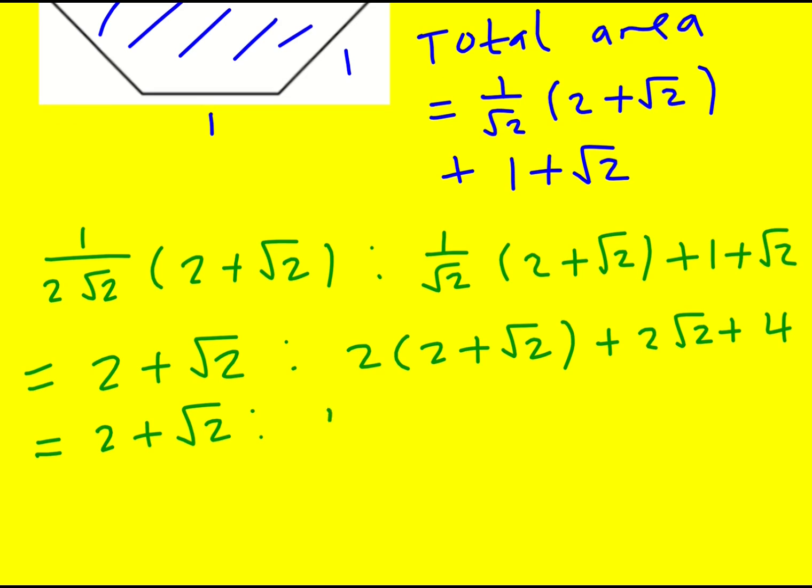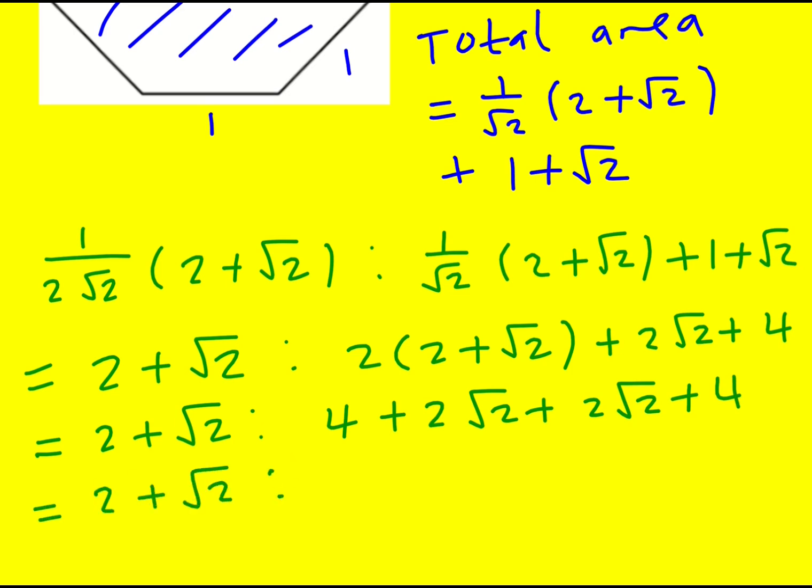Then I'm going to get 4 plus 2 root 2 plus 2 root 2 plus 4. And you can kind of see the same thing happening as before. I'm going to get 8 plus 4 root 2. So I can factorize the 4 out. And that's going to leave me 2 plus root 2 here. And hence I'm going to get 1 to 4 as before.